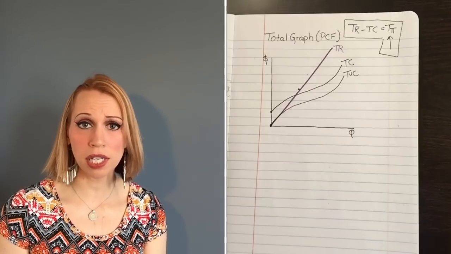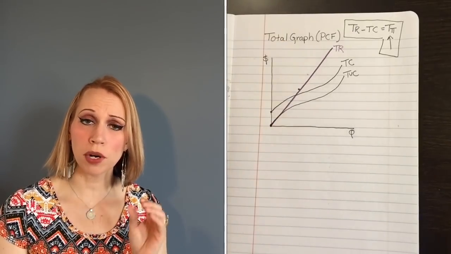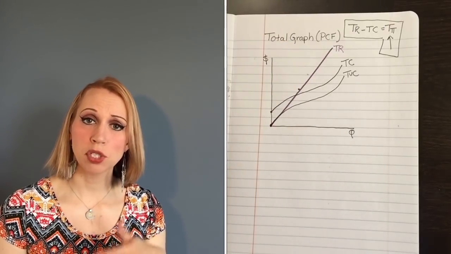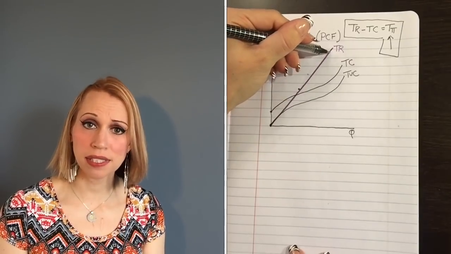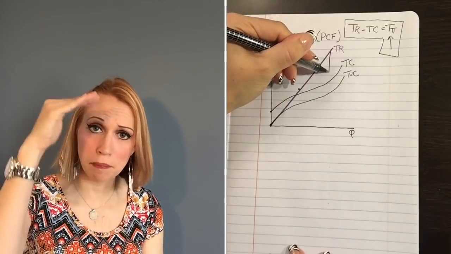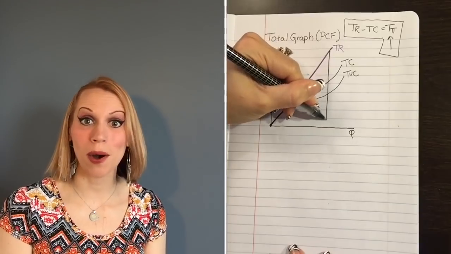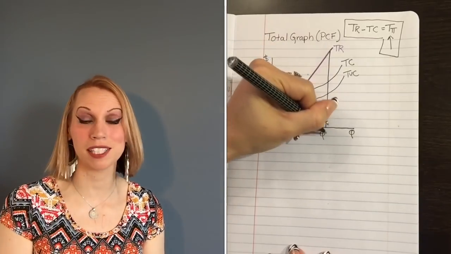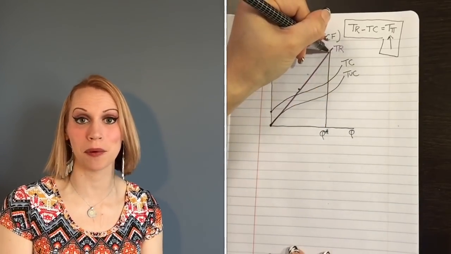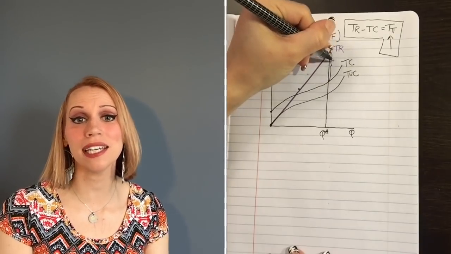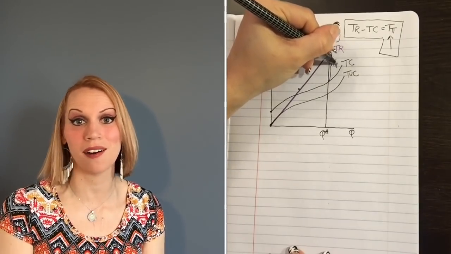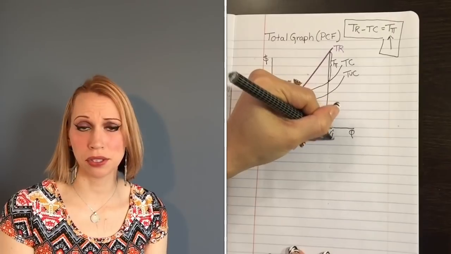And so literally on this graph, if we look for where the gap is the biggest between our TR and our TC curves, that is going to be where our total profit is the biggest, because that gap is total profit. Total profit literally is the difference between TR and TC. And we'll label that Q star.